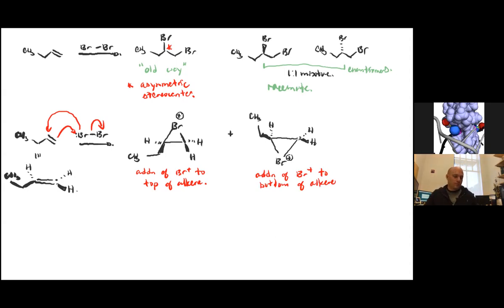And again, if any of this gets away from you, fall back on your stereochemical principles. So I said it's equally possible you attack the top or the bottom. Why is that the case? Well, if you take either one of these bromonium ions, do an in-plane rotation of 180 degrees, you'll see that they're enantiomeric.